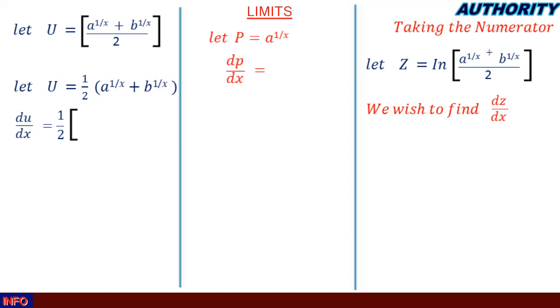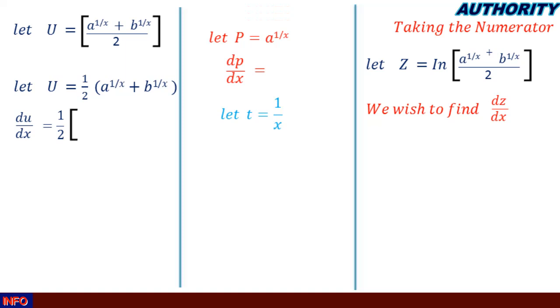We have to employ the chain rule again. So we are going to say let t equal 1/x. This 1/x makes a raised to the power of 1/x a bit complex, so let's call it a letter t. As we call it t, that means we have p equal to a raised to the power of t. I think it's very simple now, right? Good. Now let's go back to our t. In this place we say let t equal 1/x, and we differentiate t with respect to x.